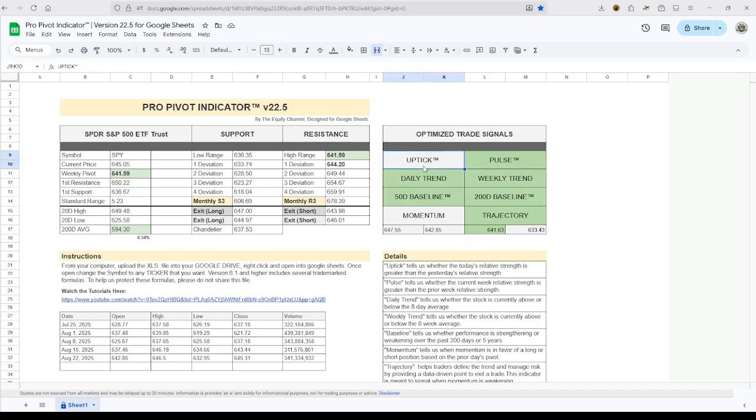Whenever we're going to the upside, if the SPY is stronger, or the S&P 500 is stronger than the Dow Jones to the upside, then you'll get a green signal here for the uptick. And this is something that we created specifically here for our pivot profile.